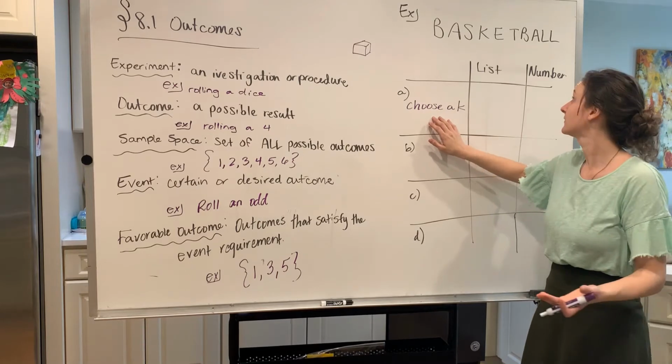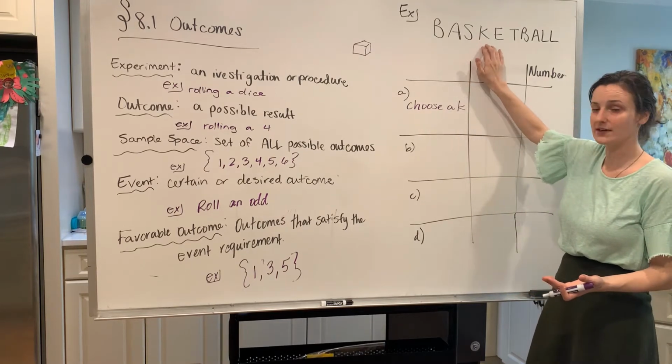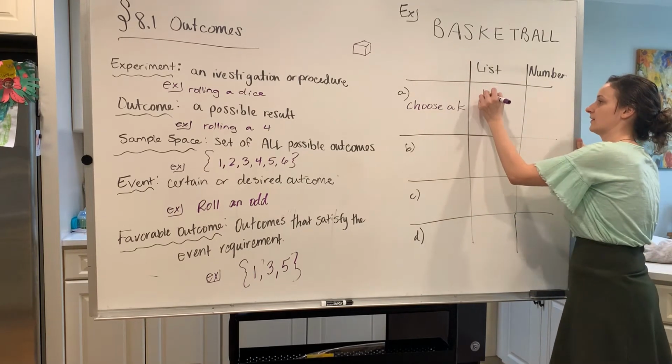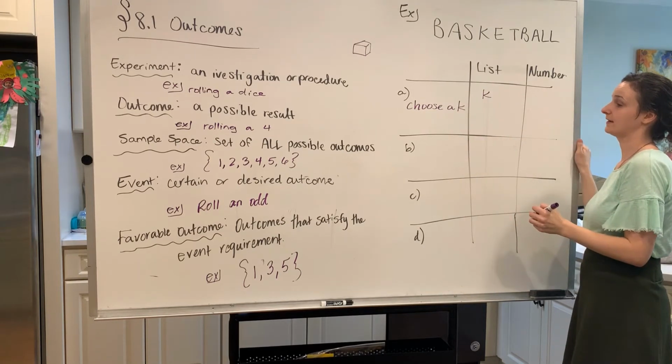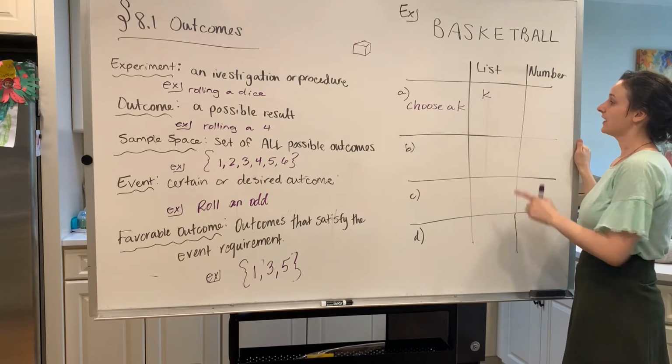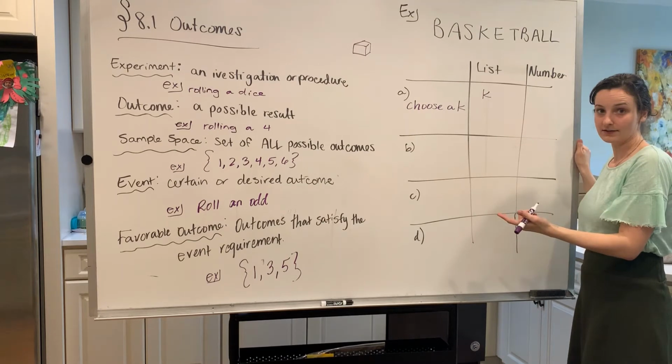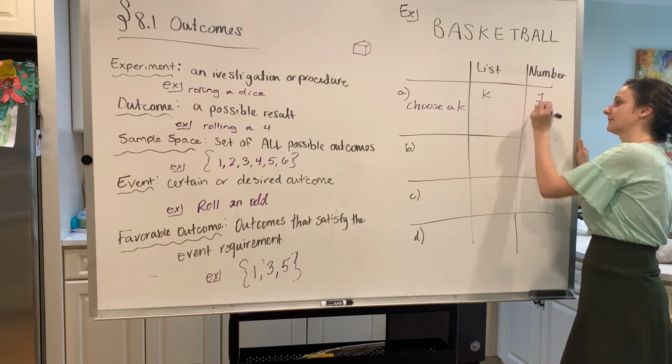There's only one, right? You can only choose one K out of this sample set, okay? And as a number, how many Ks are there? Well, there is one K.